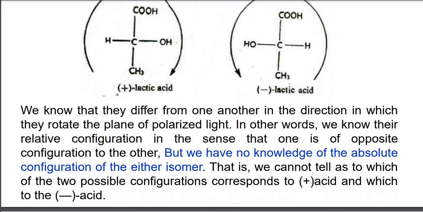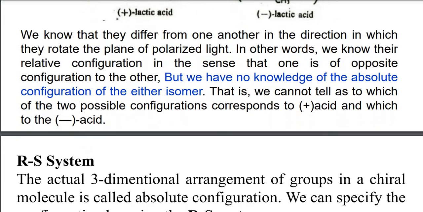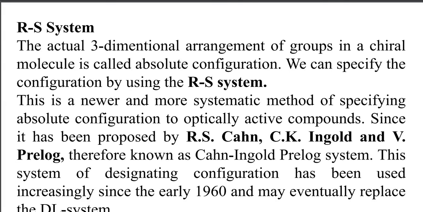What is the absolute configuration? We cannot tell which of the two possible configurations corresponds to plus lactic acid and which to the negative. Then we know the RS system. The actual three-dimensional arrangement of groups in a chiral molecule is called absolute configuration.